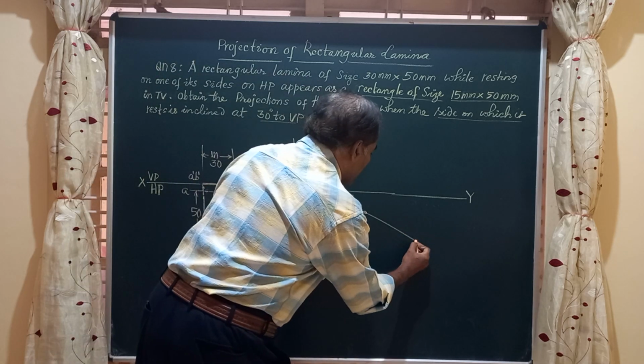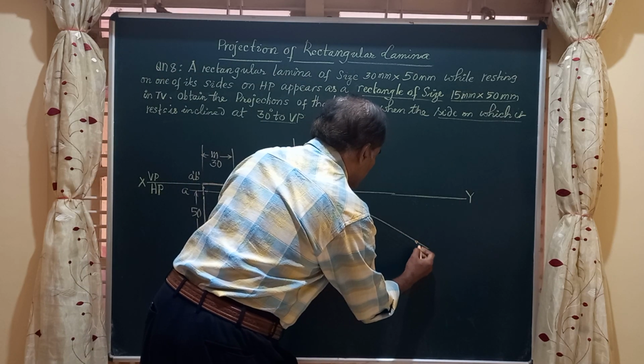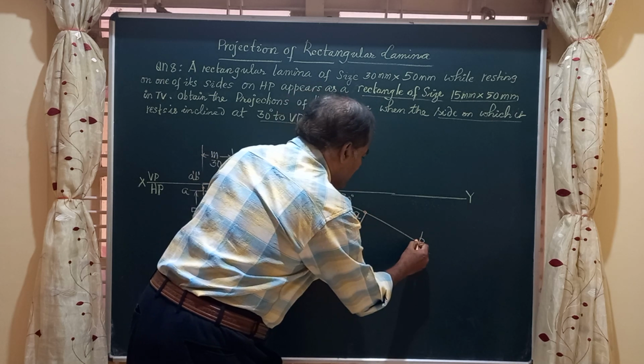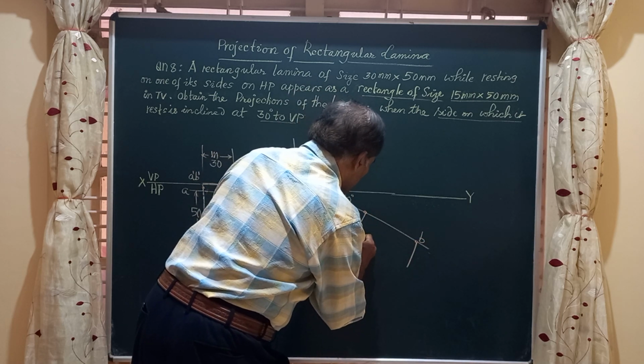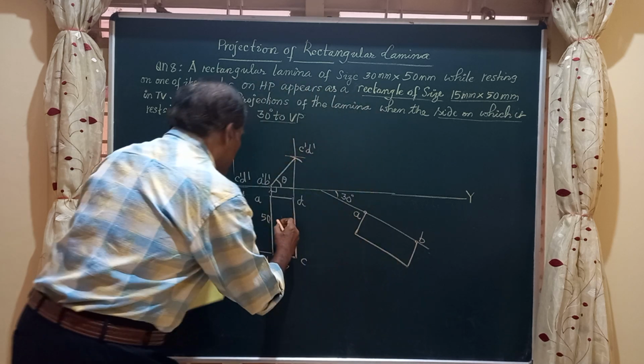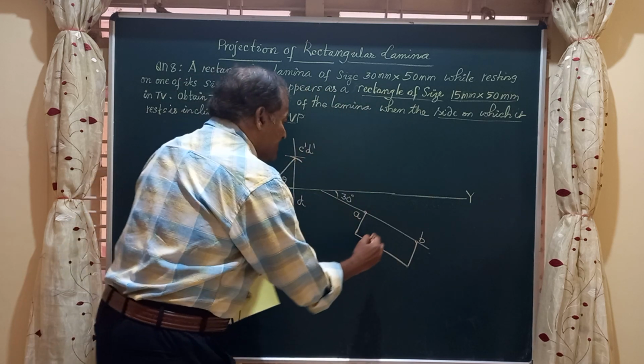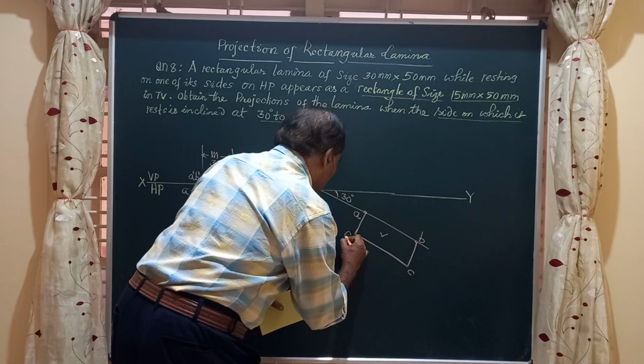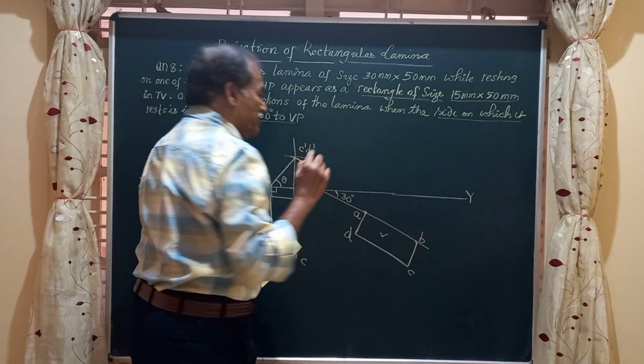AB will be 50 mm. So I will take this point B here. This is point B, and that rectangle I am going to construct on this. So whatever the figure you have got here, that is ABCD, is the same ABCD, but this AB is at an angle of 30 degrees to VP.